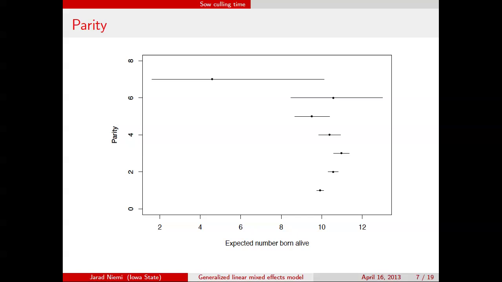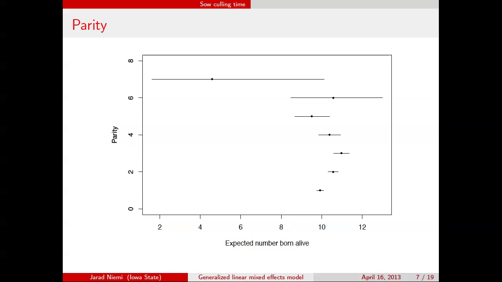So I've taken the rho parameters here and I've exponentiated them to say, what's the expected number of piglets in each of the parities? For instance, in the first parity here, the expected number is right around 10, and our uncertainty around that number is really pretty small.